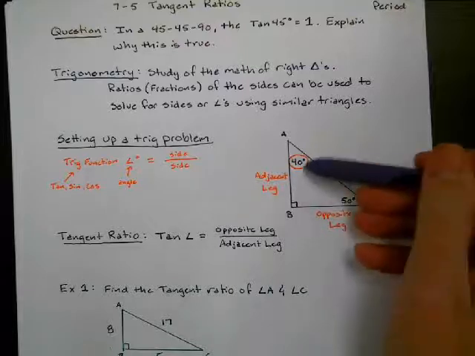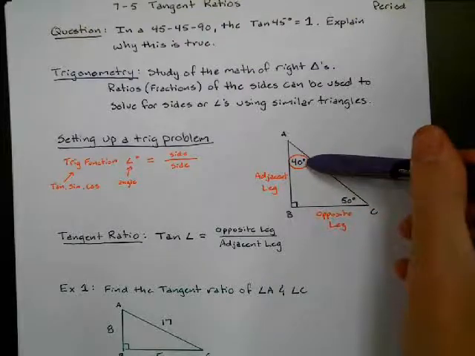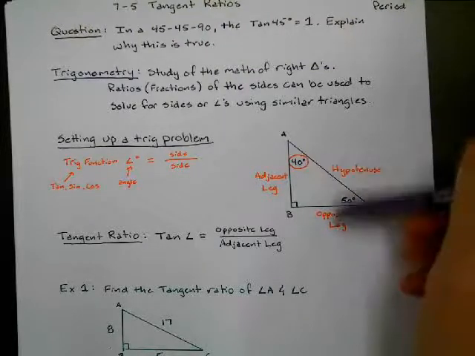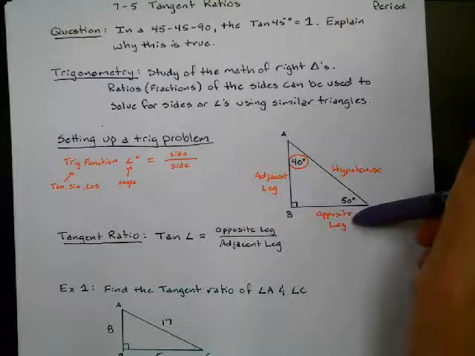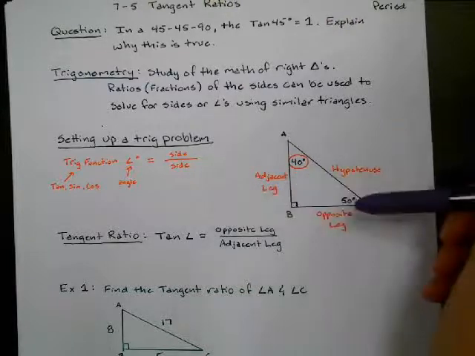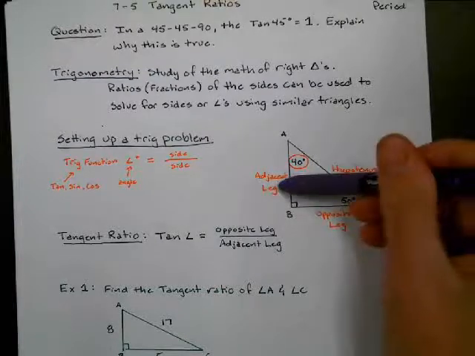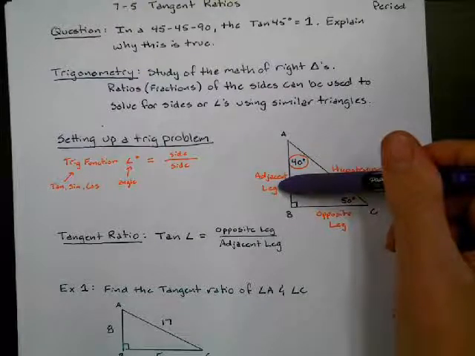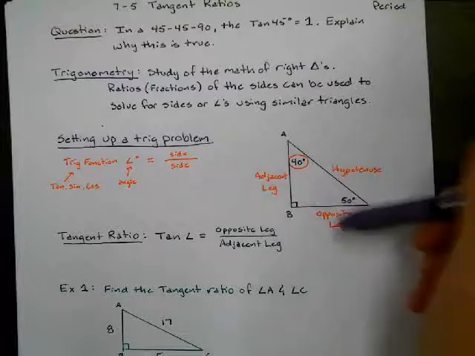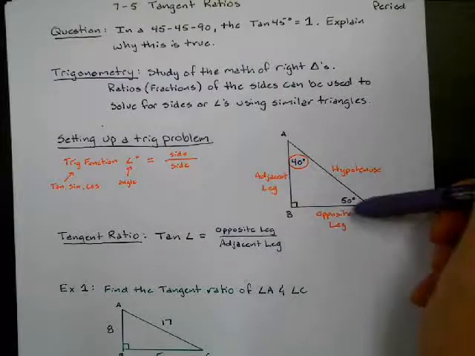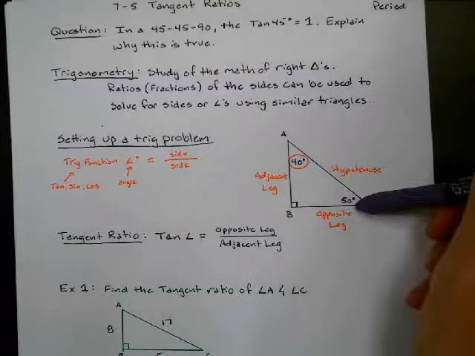But here's the other thing. That's only when we're looking at the 40-degree angle. When we're looking at the 40-degree angle, this side is my opposite leg, and this one's my adjacent leg. But if I were looking at the 50-degree angle instead, then this one would be the opposite leg instead of the adjacent leg, and this one would be the adjacent leg because it's the leg that's next to the 50-degree angle.